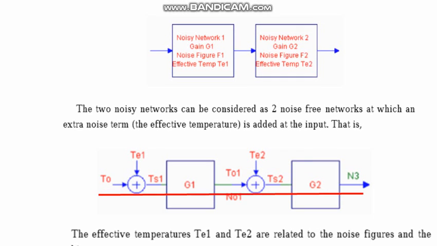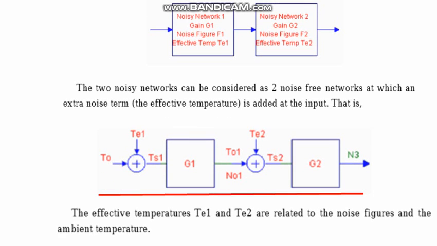When the effective temperature is not considered, it is noiseless. But when we have to consider the noise, again I am repeating, the two noisy networks can be considered as two noise-free networks at whose input an extra noise term, the effective temperature, is added. The same diagram can be reconstructed like this.